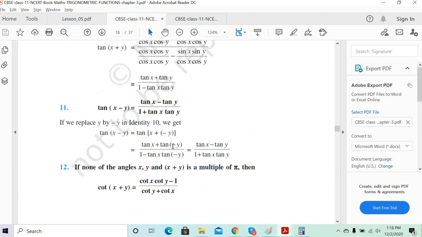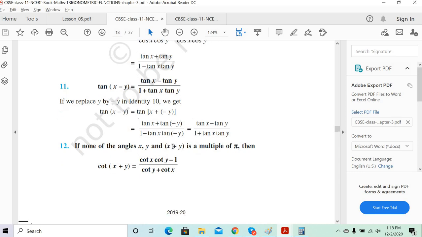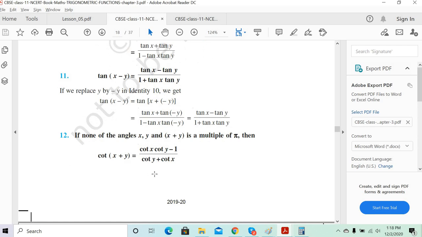So I get tan x minus tan y the whole divided by 1 plus tan y tan x. Excellent. Perfect. Now can you do it for cot x plus y?